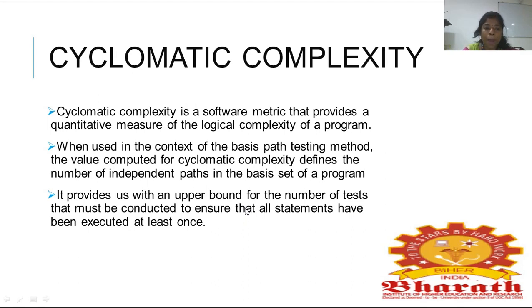That is why we use cyclomatic complexity. Clear? It provides an upper bound on the number of tests that must be conducted to ensure that all statements have been executed at least once.